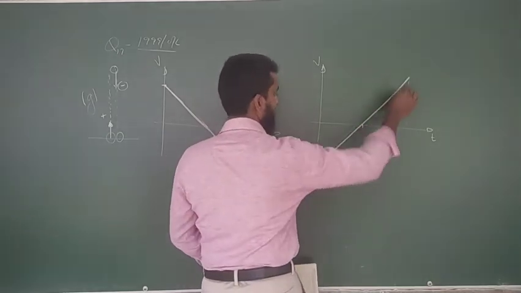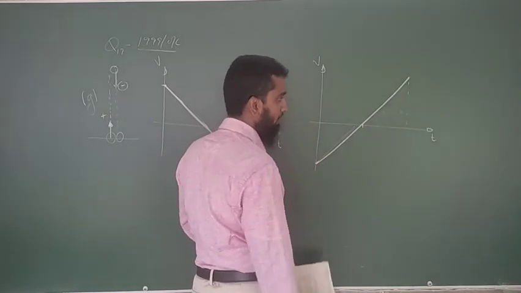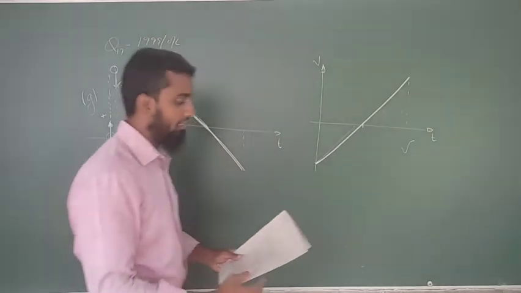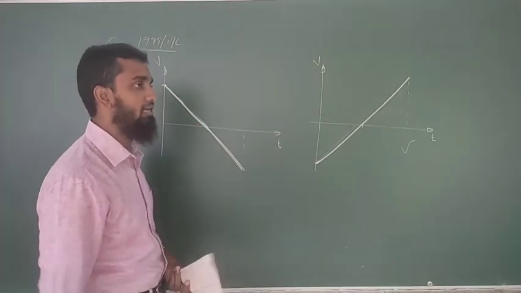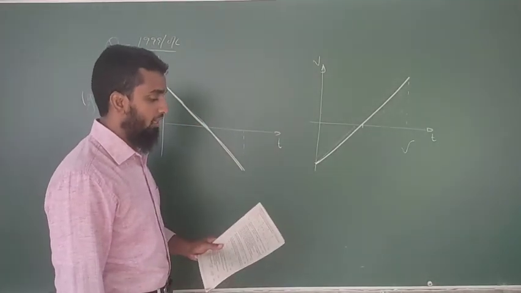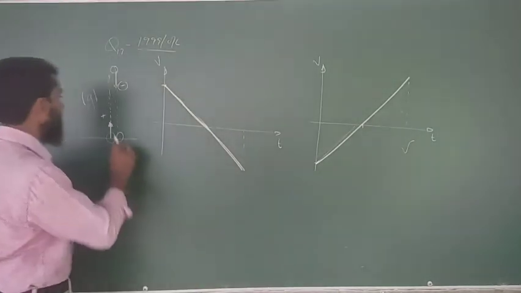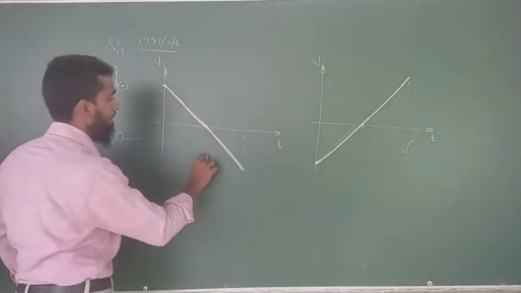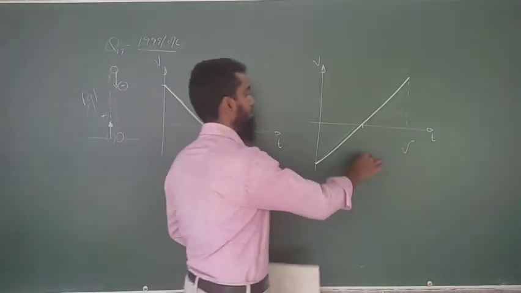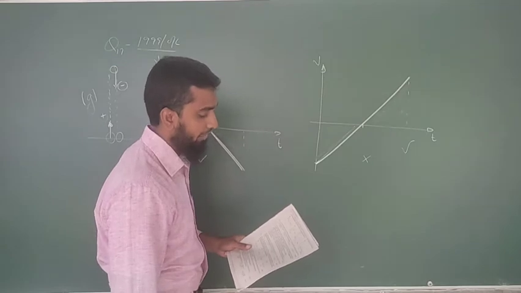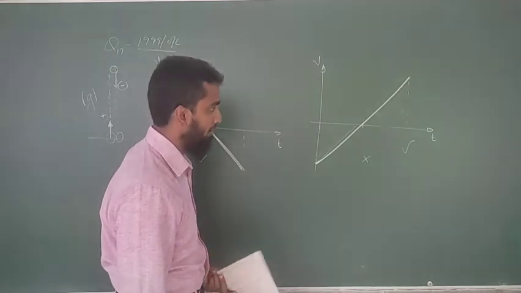Finally the displacement is going to be zero. Therefore this graph is also correct, if the condition given in the bracket is not there. Within the bracket, consider the velocity upwards as positive, therefore this is the correct answer. Considering this question, this one is wrong. Third cannot be. Fourth also cannot be.